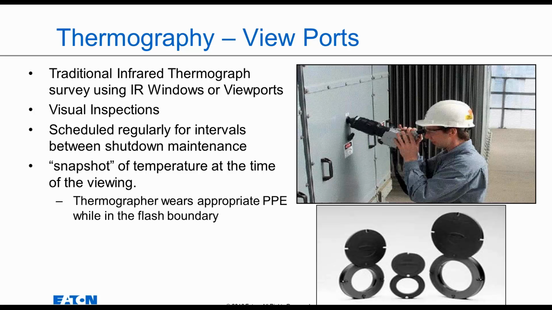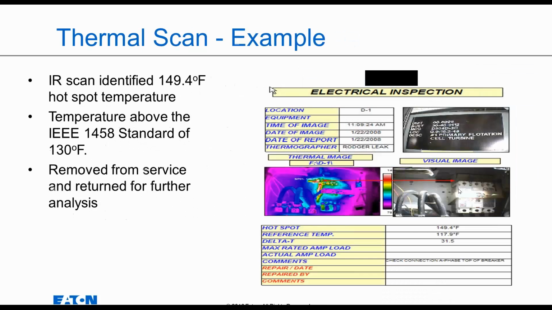But it's definitely been a good technique to use, and it's caught many things, from the experience I've seen over the years. Here's a circuit breaker where something must have been wrong in this terminal, creating a hot spot that was picked up in the thermal image camera.